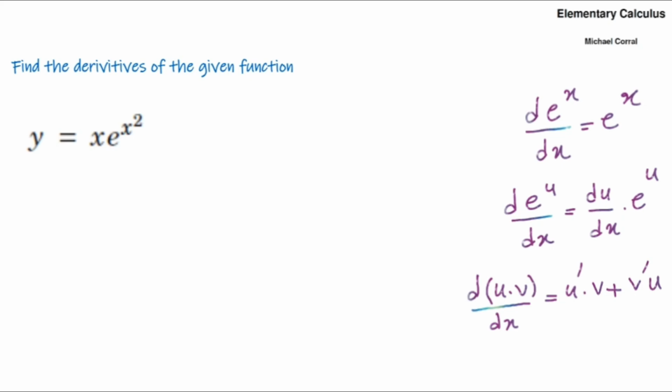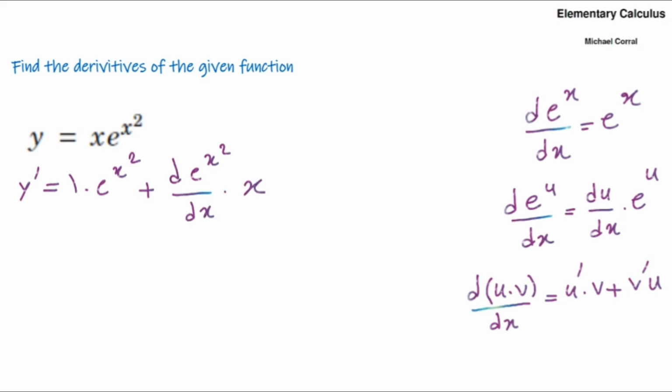For this function, y prime equals the derivative of x, which is 1, times e to the power of x squared, plus the derivative of e to the power of x squared with respect to x times x.